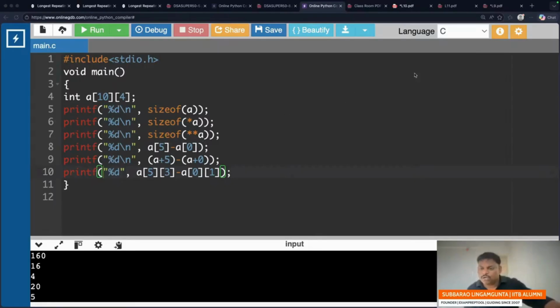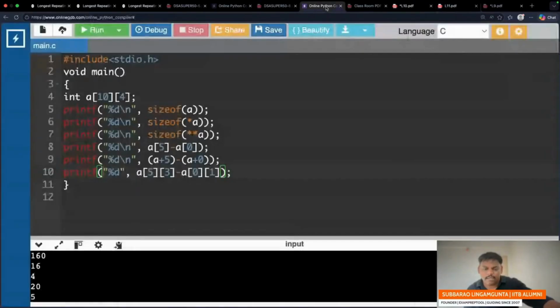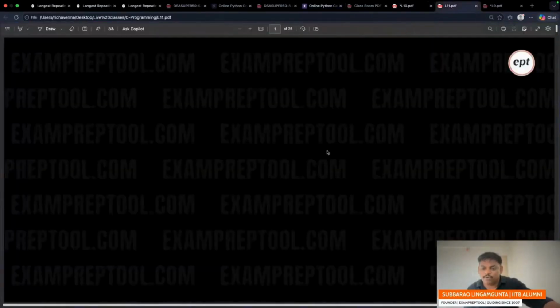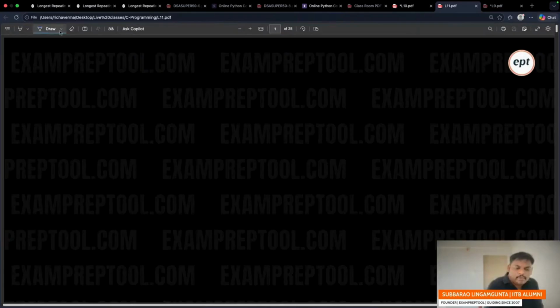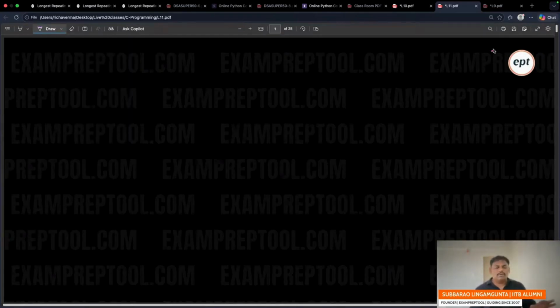Observe clearly. So what I will do is, I think 10 over 11. Let's go to 11. If you see this array, the array which I gave, 10 rows, 4 columns. Observe here. I want to say one important point, so it is better to show it with the help of an example by program.